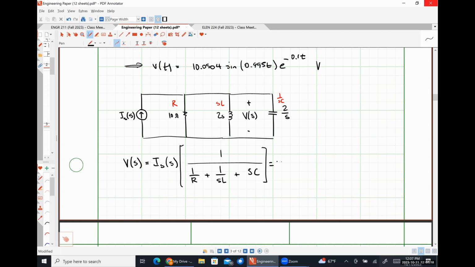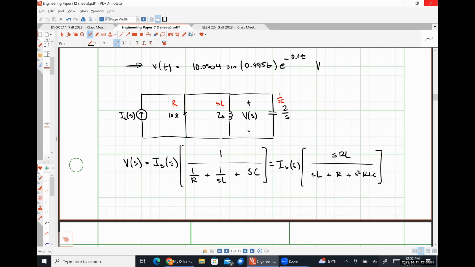So that's going to give me I as a function of S times, I will have S R L in my numerator, SL plus R plus S squared RLC. Does that look okay? Anybody have any problems with my algebra there?